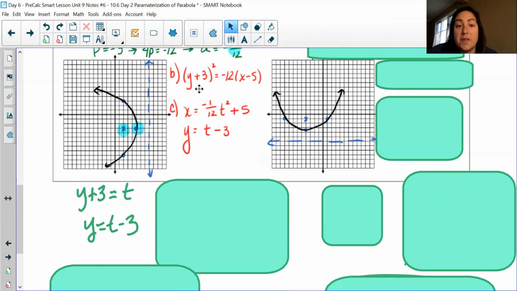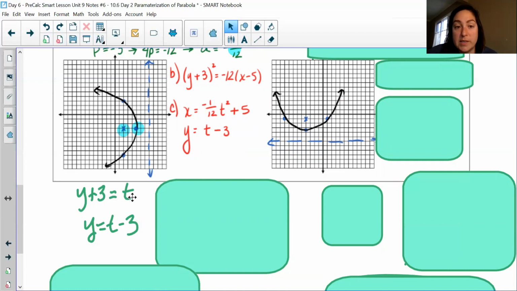So we start with y plus 3, set that equal to t. Let me erase that top part. So we have y plus 3 equals t, and truthfully, it doesn't matter which one you do. Both will be correct. It is easier, though, if you set what's being squared equal to t.